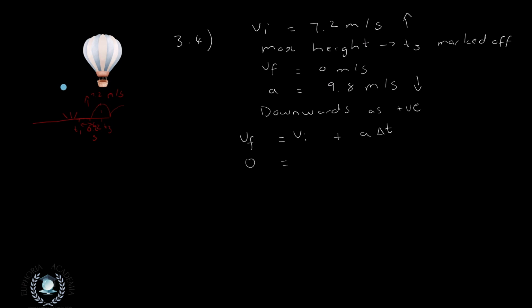Our VI is going to be negative because it is pointing up and we're taking downwards as positive, plus our gravitational acceleration at 9.8 meters per second squared, and we're trying to find our delta T. Now, after some mathematics, we're going to see that delta T is going to be 0.734 seconds.